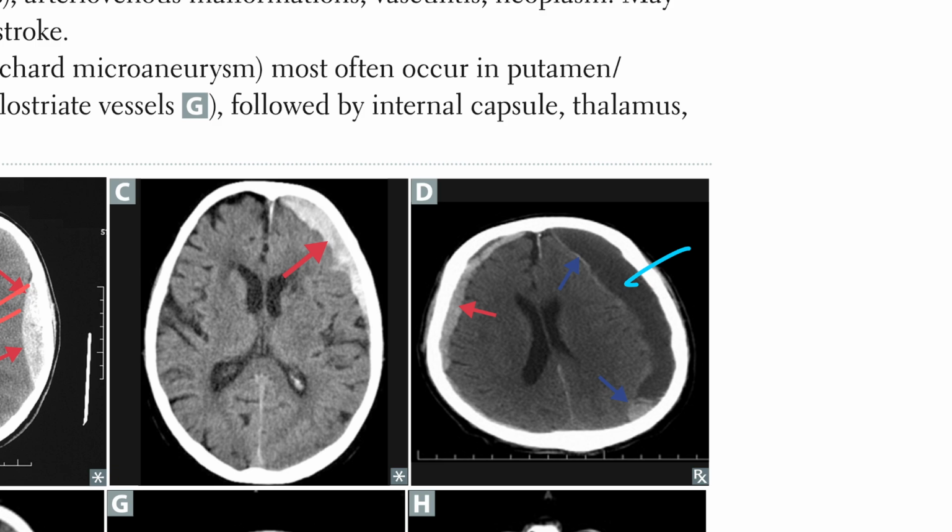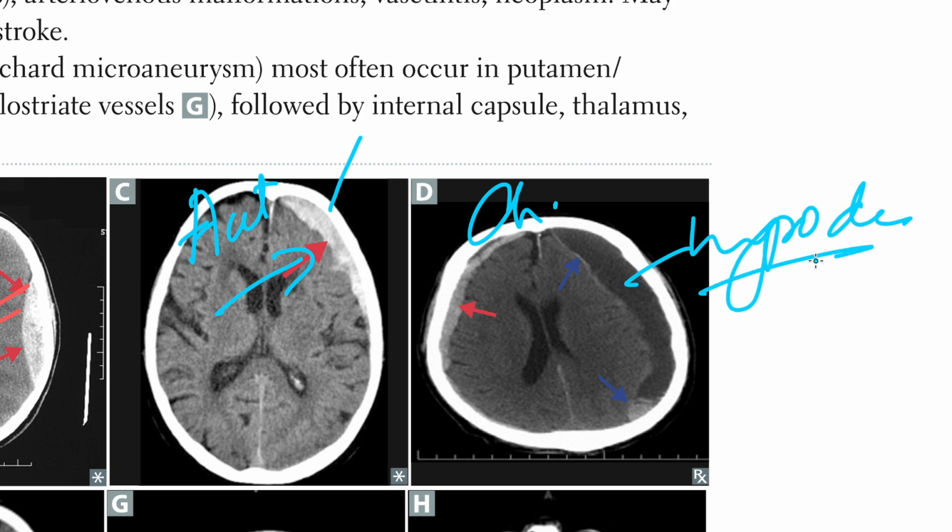Let's take a look at this acute subdural hematoma. Acute is going to be a hyperdense lesion, meaning white, and chronic will give you a hypodense lesion.